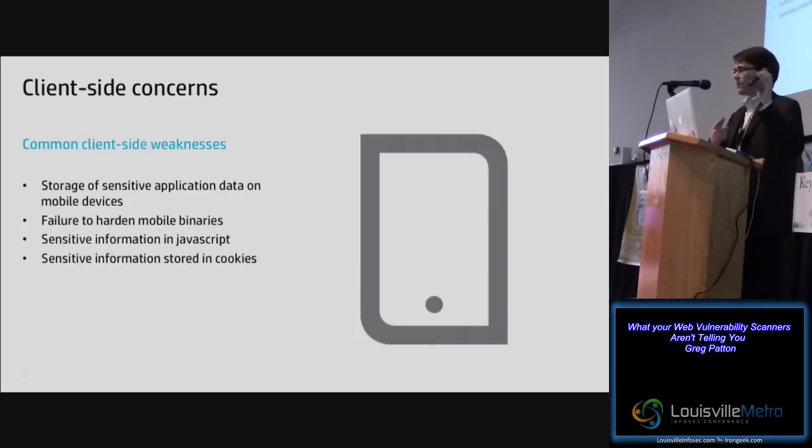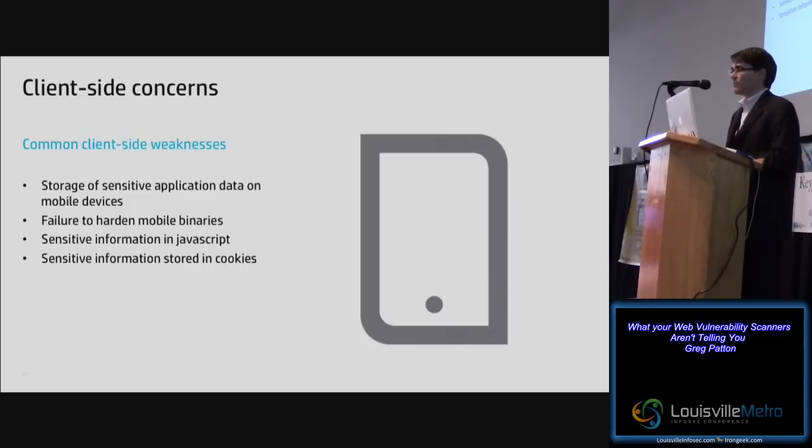Credit card numbers, banking account information, passwords that actually get stored physically on the device. And this is a problem because oftentimes developers not only store this information on the device, but they store it in the worst possible way. They store it unencrypted and in clear text, and this information becomes easy to scrape off.